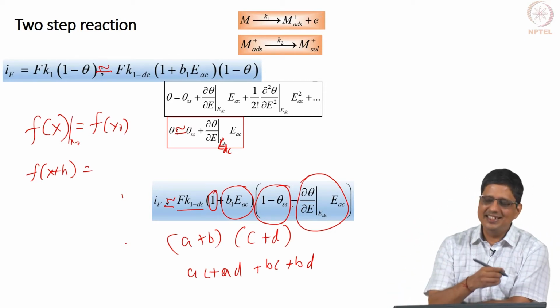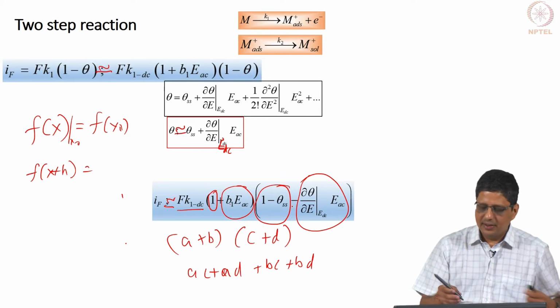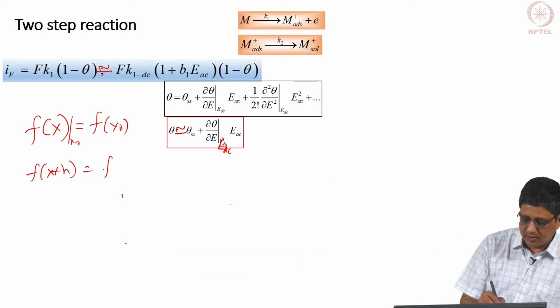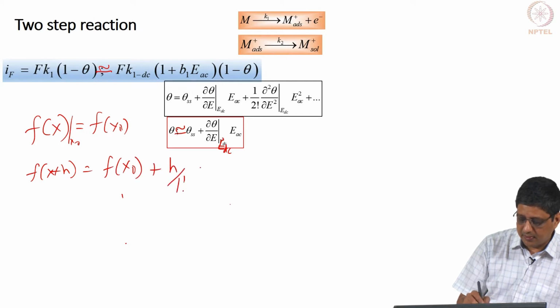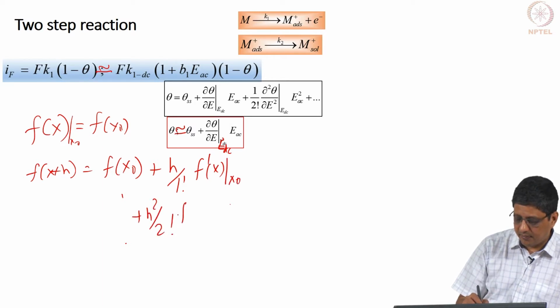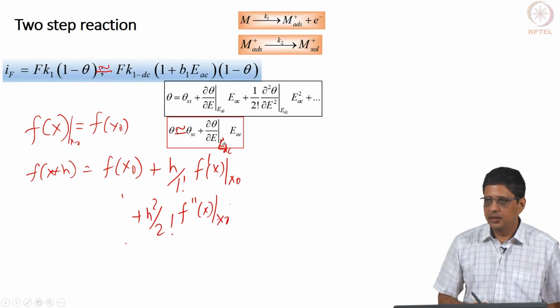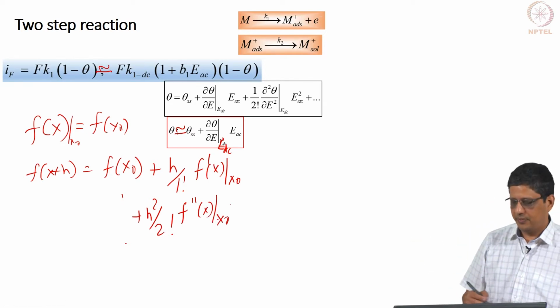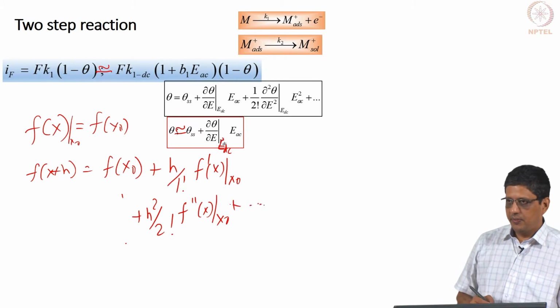How do you write a Taylor series for a f of x? Okay. This okay? And so on. Like what is the functional value of d theta by dE?